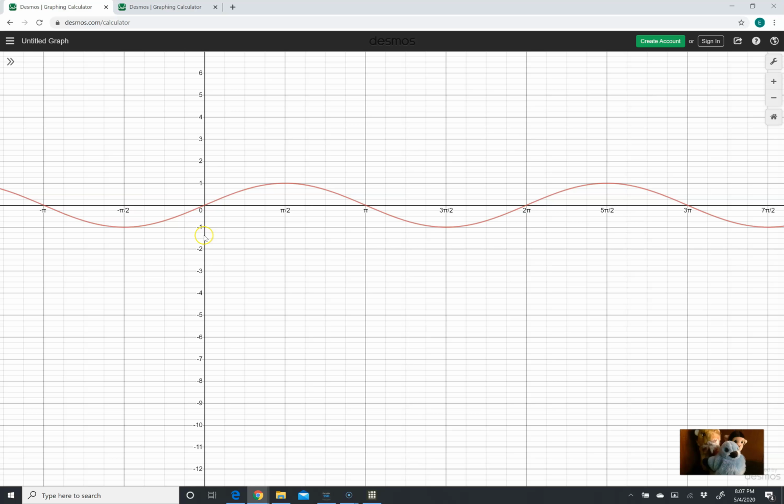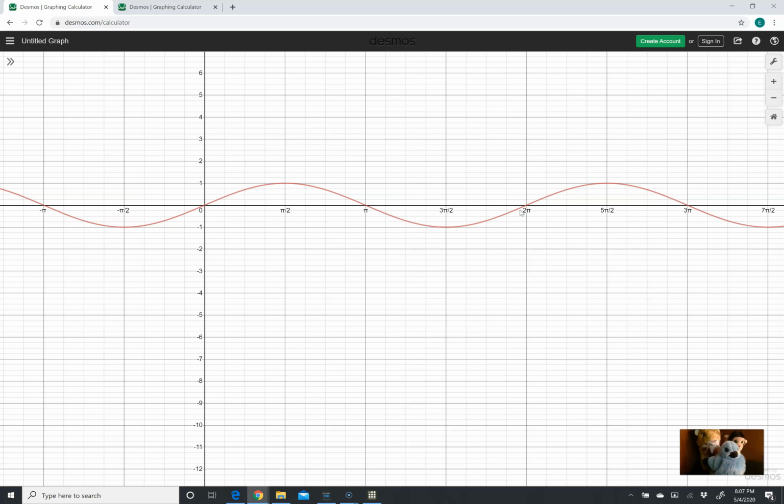So I want you to notice something about the sine graph. It starts at 0, right? Every wave starts at 0. So we are not changing the translation left or right. So this is always going to be true. So don't think of it as starting at 0. Think of it as starting at the midline. So at 0, you're at the midline. And at 2 pi, after a full wave, okay?